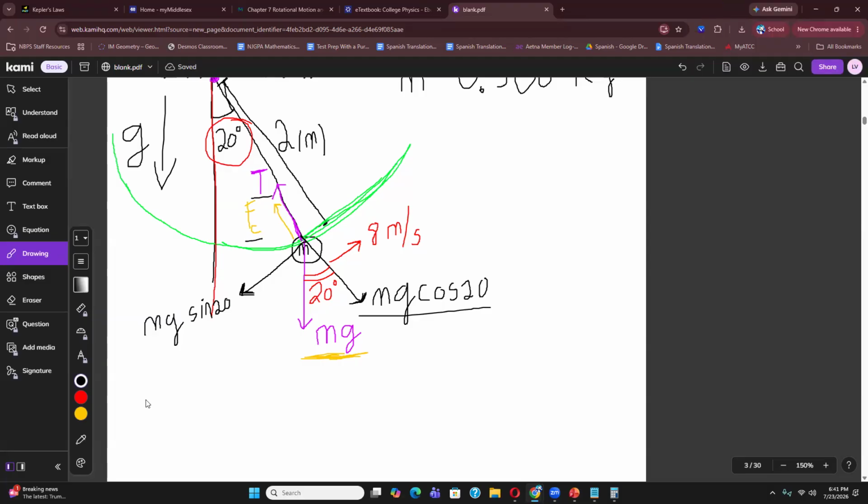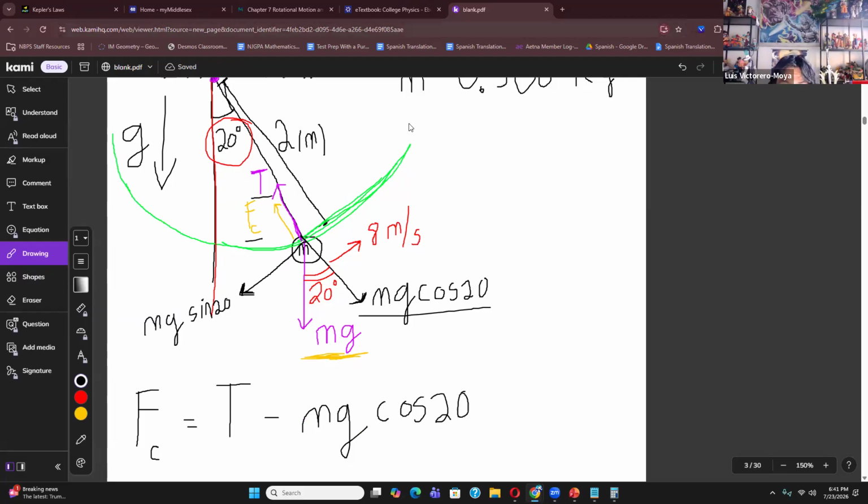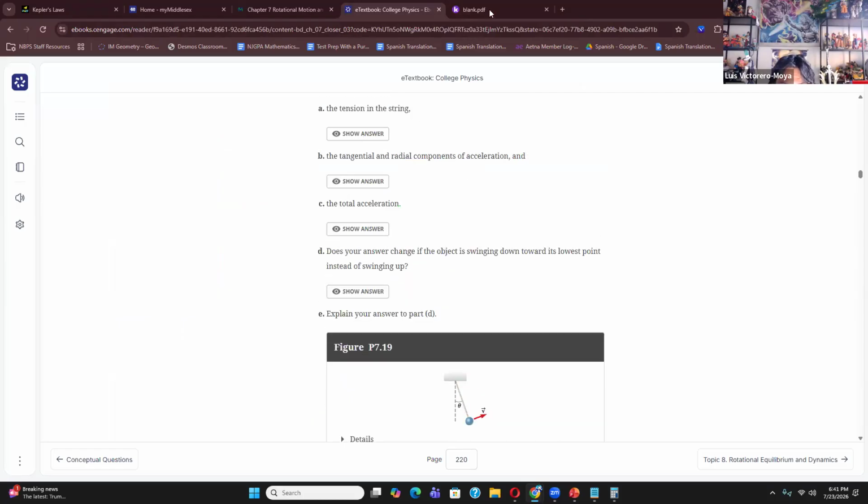Isn't the centripetal force equal to the tension minus the weight? Yes, perfect. The centripetal force is the tension on the rope minus that component of the weight, mg cosine 20. That's it. And guess what? That's question A, the tension in the string.